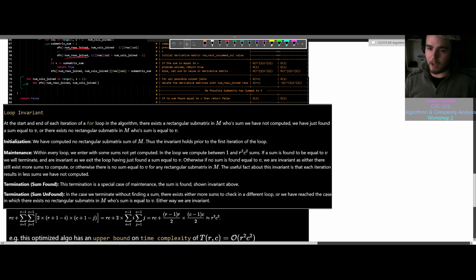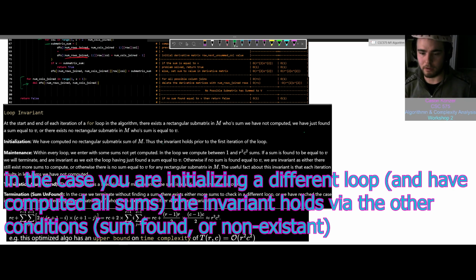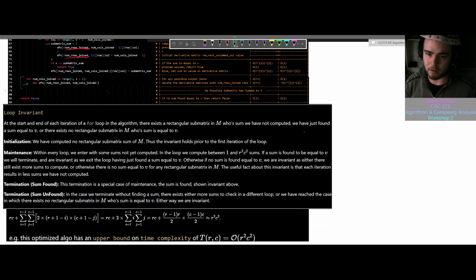The invariant that we have is: at the start and end of each iteration of a for loop, there exists a submatrix in M whose sum we have not computed. That is true upon initialization because we haven't computed any of them. We have just found a sum equal to the value, or there exists no rectangular submatrix in M whose sum is equal to V. And actually, I would say this does also exist for the deletion phase.